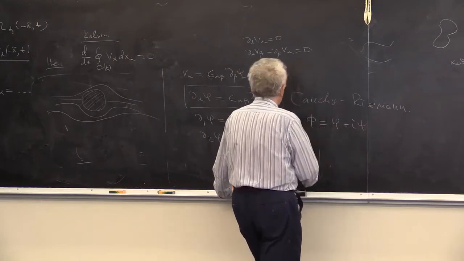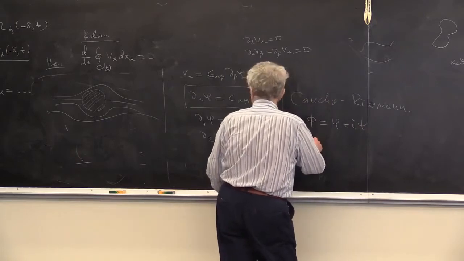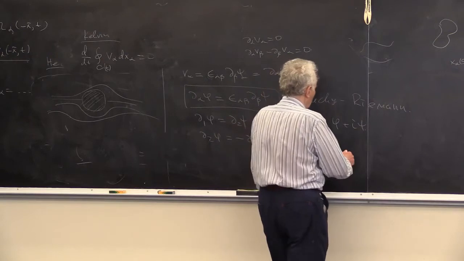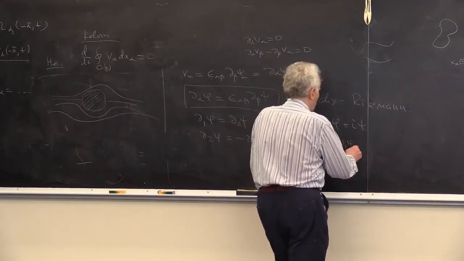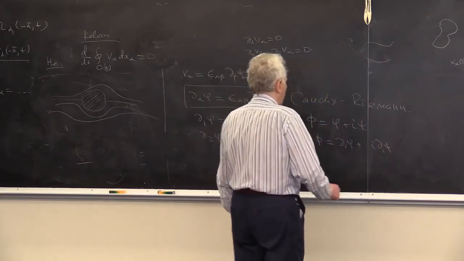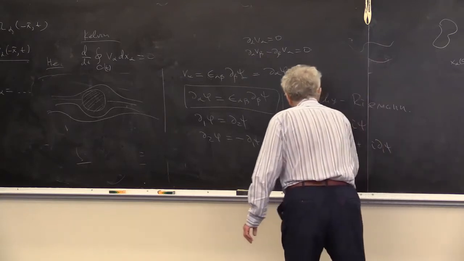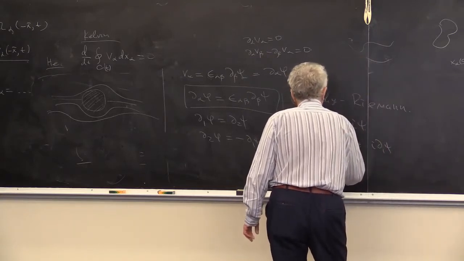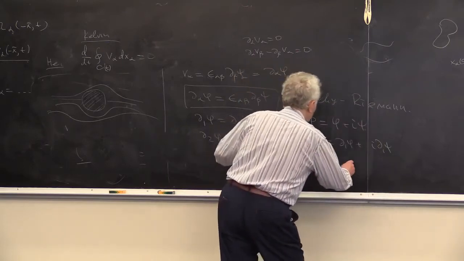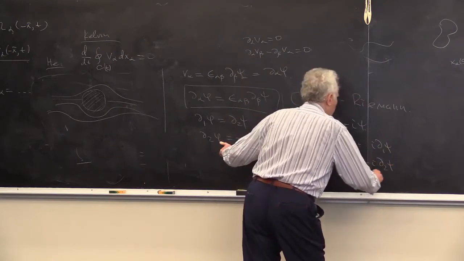Phi plus i psi. Then you will have d1 of it equal to d1 phi plus i d1 psi, and d2 of it would be equal to d2 phi plus i d2 psi.